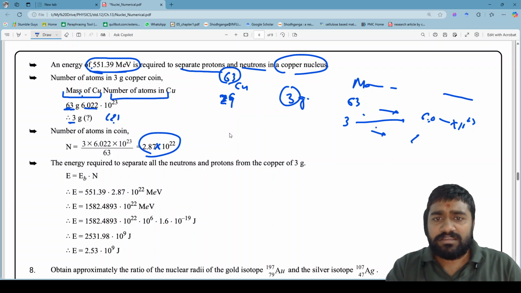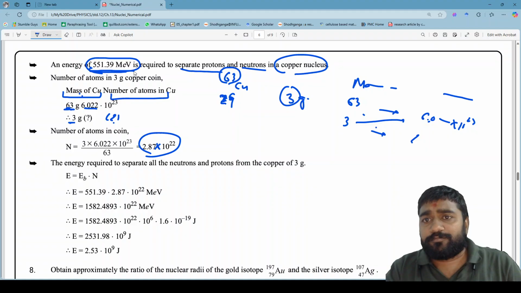Okay. So binding energy we have already found, 551.39. We have to multiply it with number of atoms. So again 551.39 into 2.87 into 10 raised to 22, which is in mega electron volt.